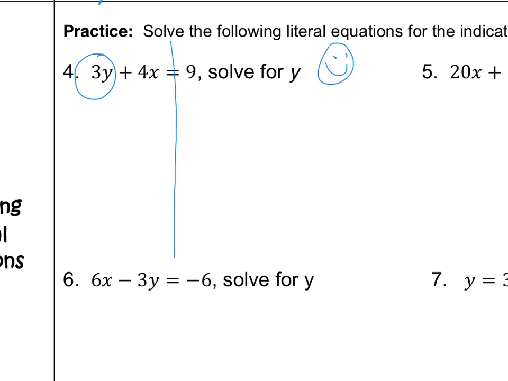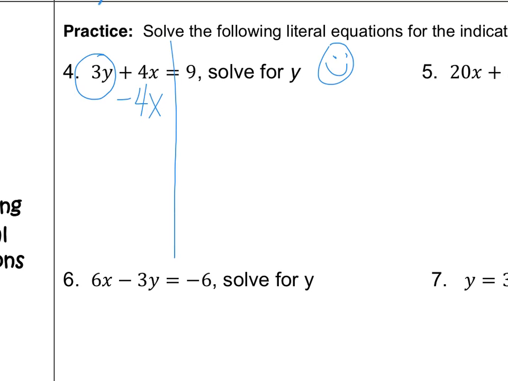So if I put my finger over that circled term, the 3y that we want to solve for, it makes it very obvious that I need to move that 4x. So I'm going to say minus 4x. Well, if I minus something on one side, I have to do it to the other. But the question is, is 9 a like term to 4x? No, numbers and variables, they're not like terms.